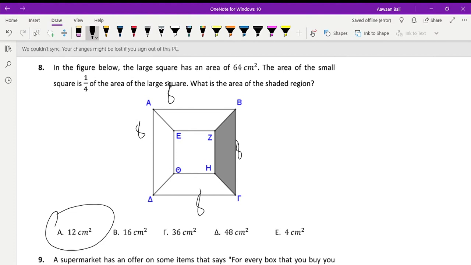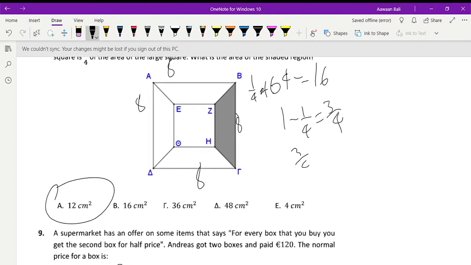Okay, so 1/4 of 64 is 16. Or basically, you could say 1 minus 1/4 is 3/4, since then you can directly find the rest of the space. So 3/4 of 64 is the same as 64 minus 16, which is 48.